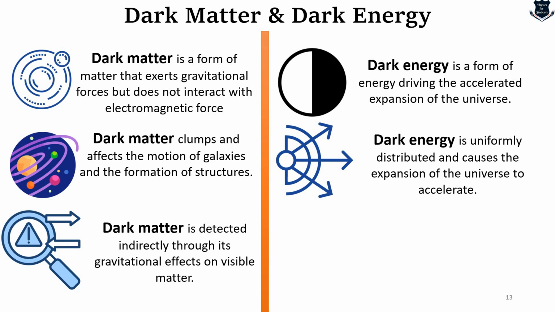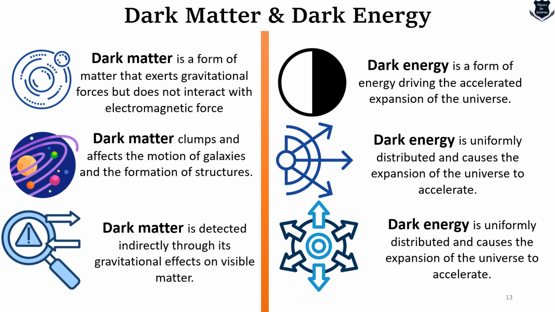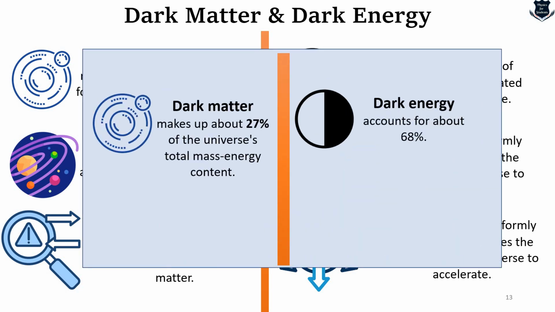Dark matter is detected primarily through gravitational effects on visible matter, while dark energy is inferred from the observed acceleration in the expansion of the universe. And finally, most importantly, dark matter makes up about 27% of the universe, while dark energy accounts for about 68%.